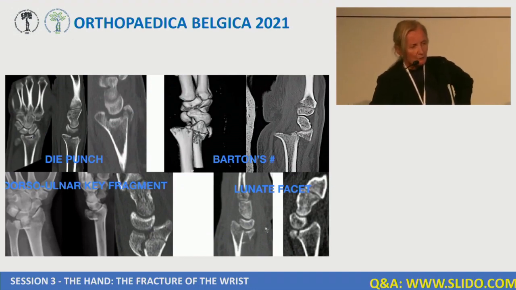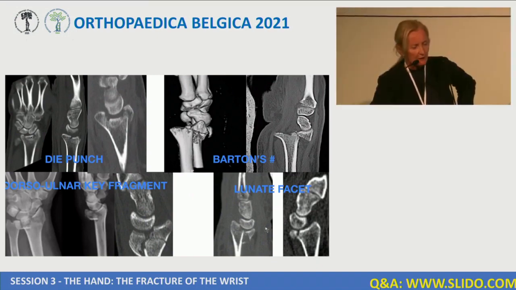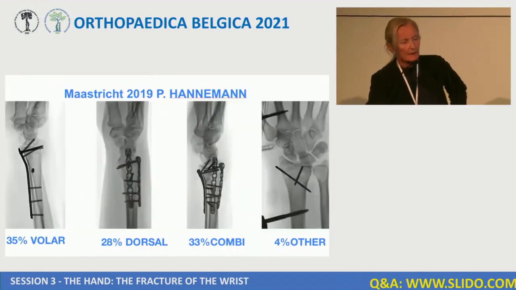Here are some examples. The die punch, you see the volar cortex is intact. The Barton's fracture, volar cortex intact. The dorso-ulnar key fragment, with a volar cortex fractured, but it's still stable. And the lunate facet.